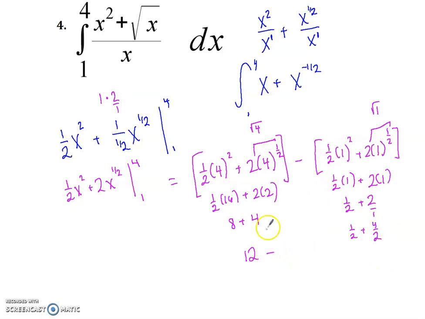So that's going to be 12 minus what I end up with here, 5/2. Then I'm going to get a common denominator. This is 12 over 1, so multiply by 2 over 2. That'll be 24 over 2 minus 5 over 2, to give me a final answer of 19 over 2.